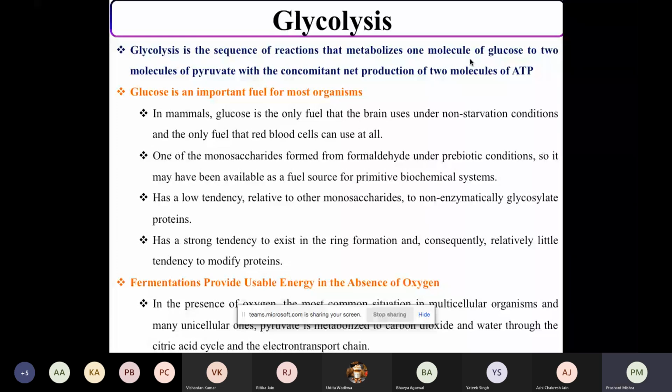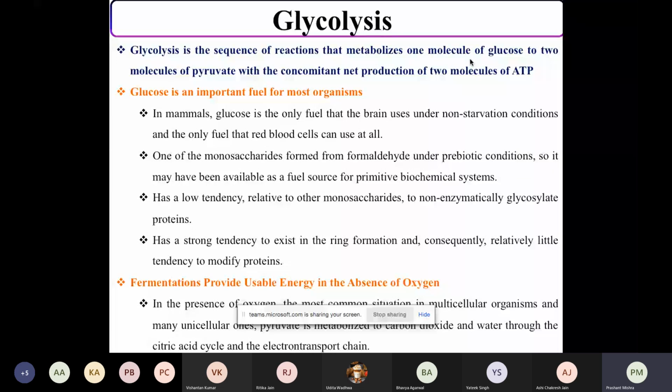But that happens only when glucose concentration is high in the blood for a very long time. Otherwise, the glycosylation level is very low. That is one interesting point about glucose. Glucose also tends to exist in ring formation, and that is why it has relatively less tendency to modify proteins.